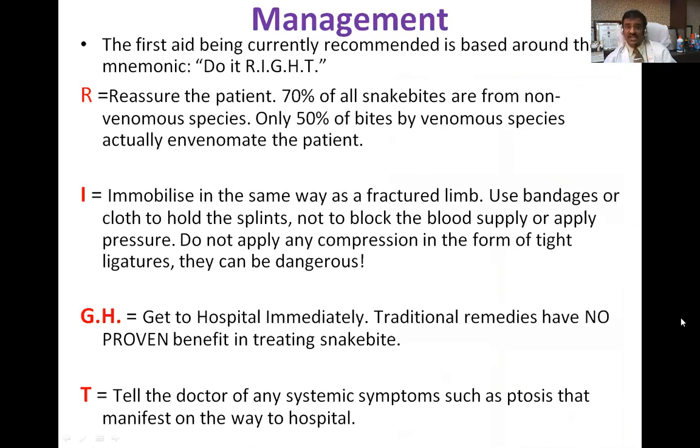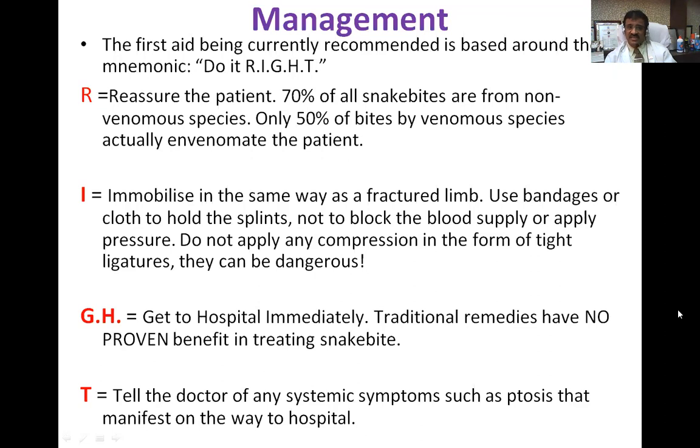R is to reassure the patient, because 70% of all snakes are non-poisonous, and the remaining 30% are poisonous, but from them, in 50% of bites by venomous species, envenomation actually takes place, meaning 50% do not cause any envenomation due to some reasons.